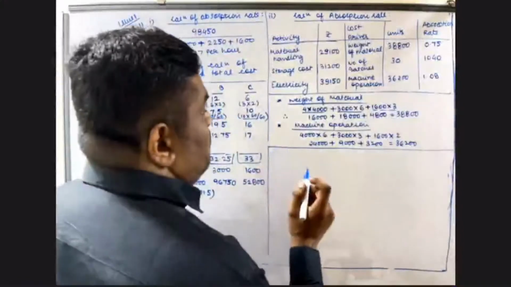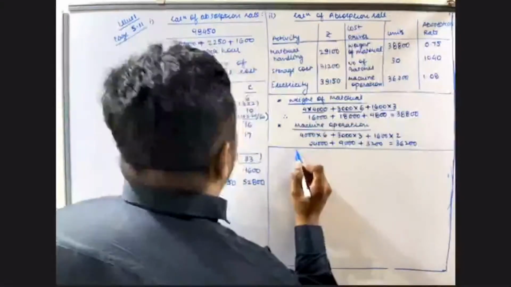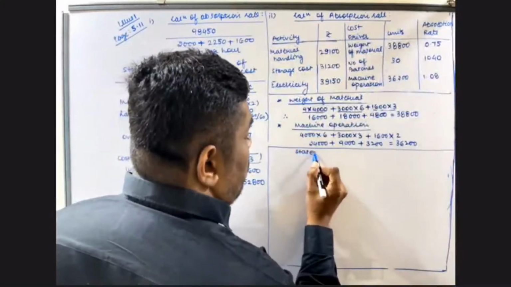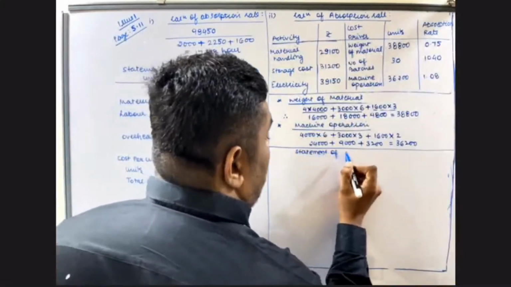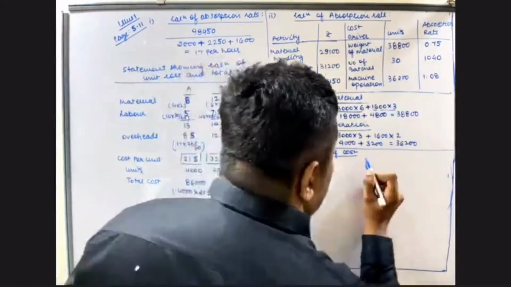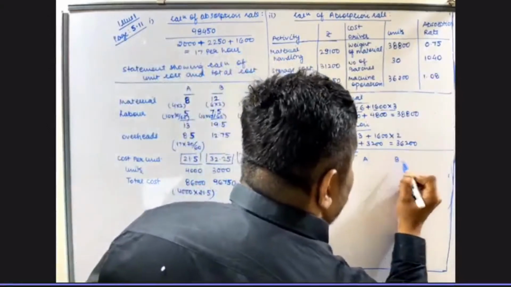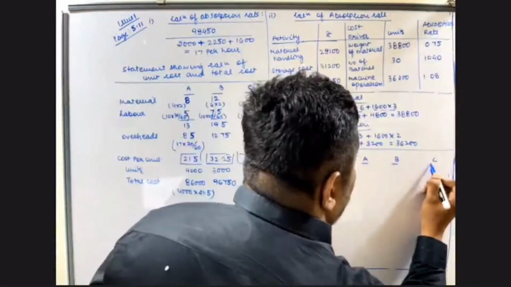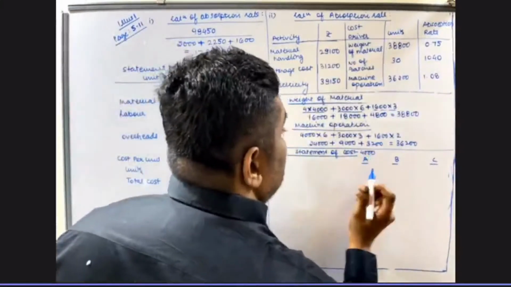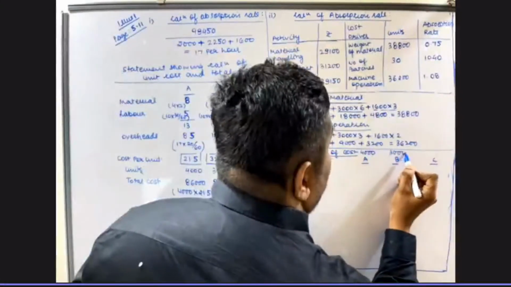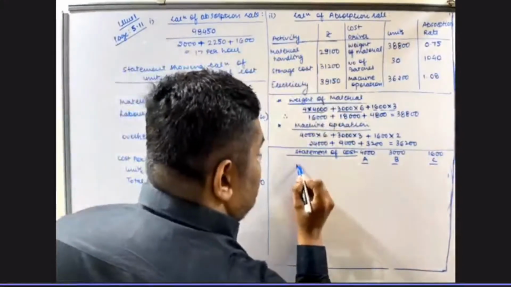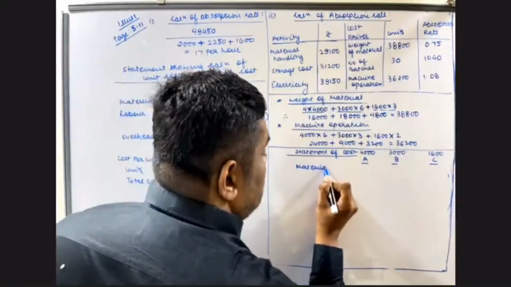Now, statement of cost. Three products, that is A, B, and C. When talking about the units, we have 4,000 units for A, 3,000 units for B, and 1,600 units for C. So let's start, guys, with talking about the material cost.